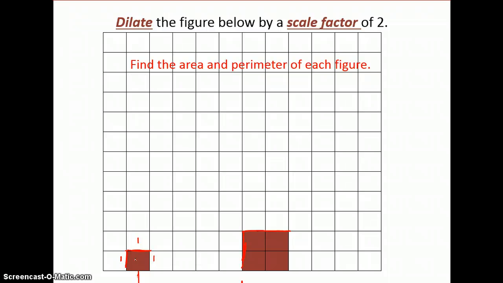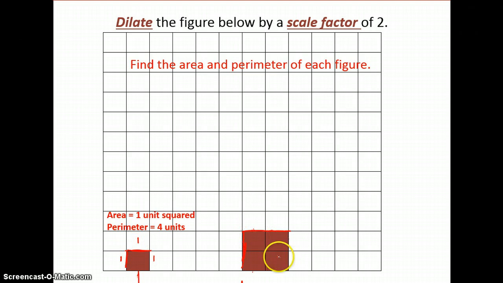But now let's talk about the perimeter of each figure. To count around here, I'd have 1, 2, 3, 4, a perimeter of 4, and this one would be 1, 2, 3, 4, 5, 6, 7, 8. The area of this first one is 1, because it's only 1 unit square, and the perimeter would be 4.